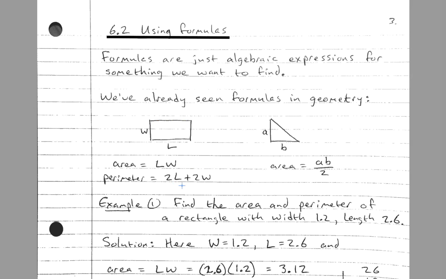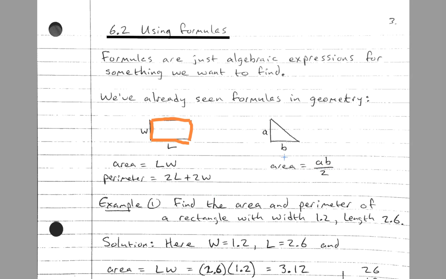The length of the perimeter, that's L plus L, so 2L, plus W plus W, so 2L plus 2W.